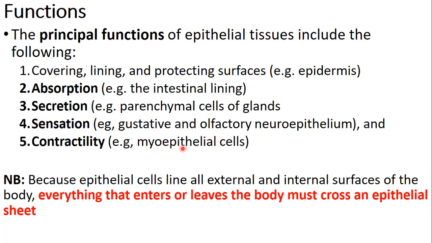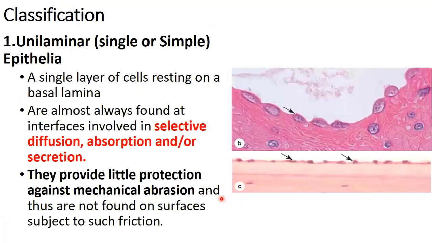And these cells are usually found around glands. So when they contract, they help the glands to release what they produce. Okay. So because of that, epithelial tissue will cover external and internal surfaces. Therefore, nothing will enter or leave the body without crossing through epithelial cells.